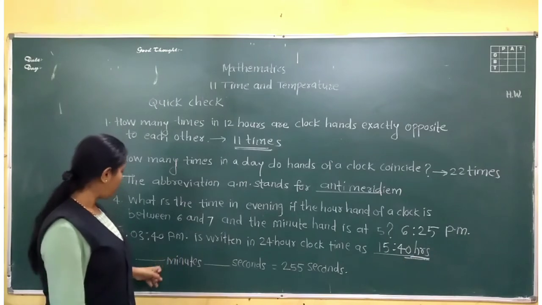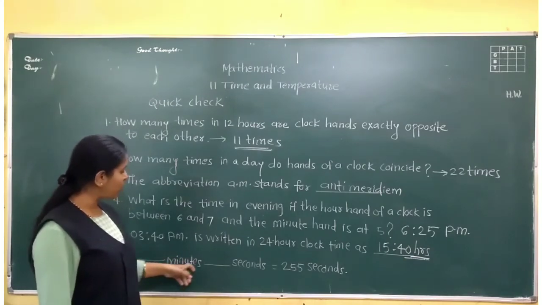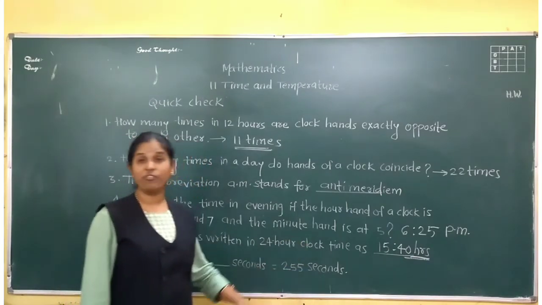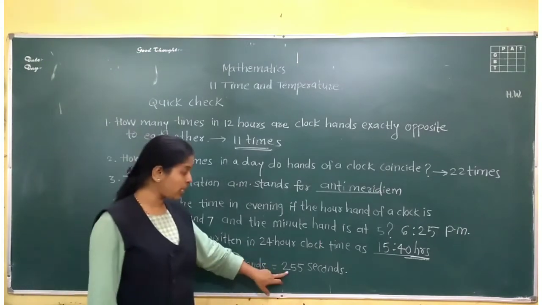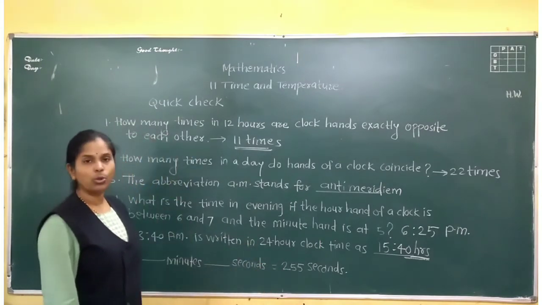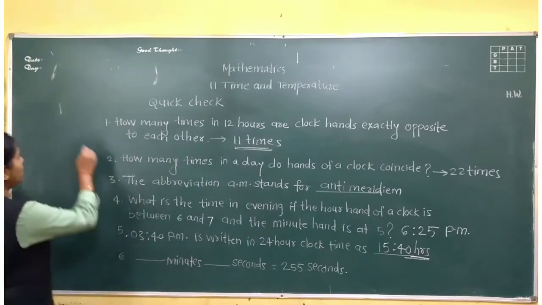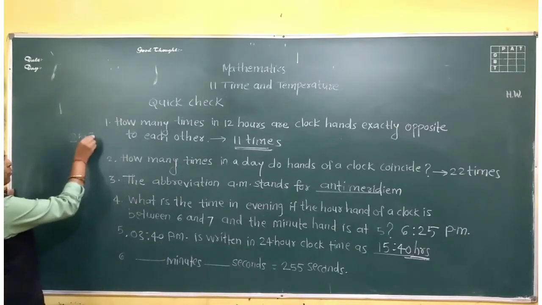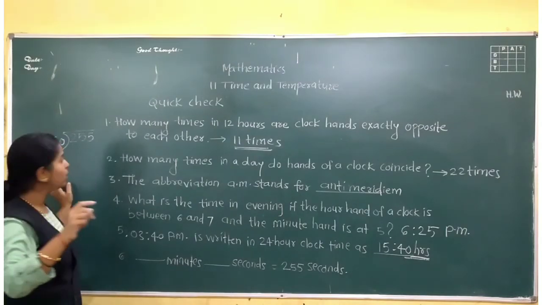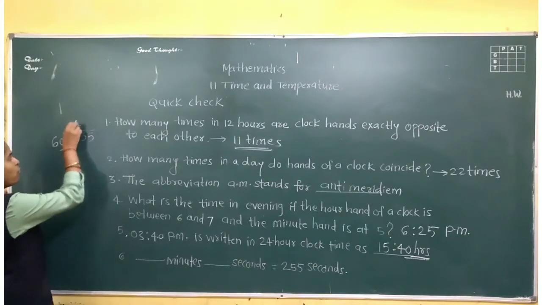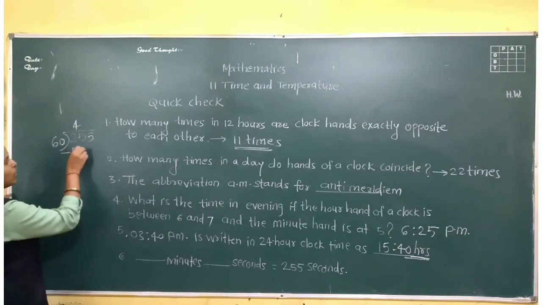Okay. Next, dash minutes dash seconds is equal to 255 seconds. That means we have to convert seconds into minutes and seconds. How to convert? See here, for that we have to divide 255 seconds by 60, because 60 seconds means 1 minute. So 60 fours are 240.